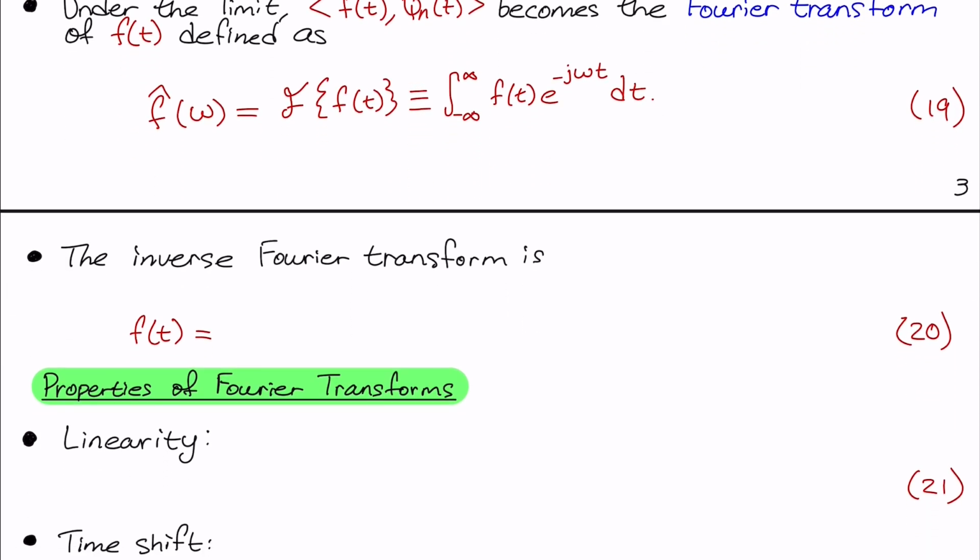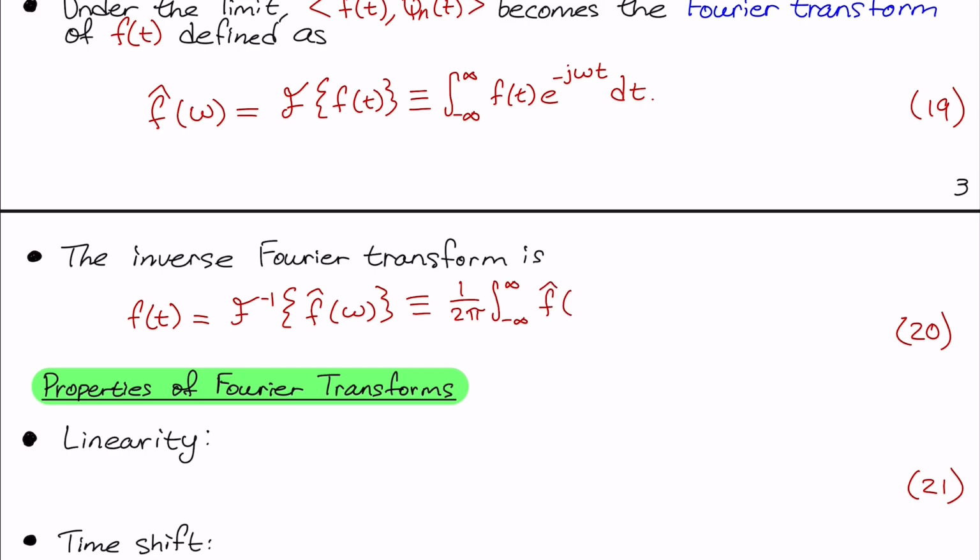And then we can define the inverse Fourier transform to be that script F inverse acting on f hat of omega, in this case defined as 1 over 2 pi times the integral from minus infinity to infinity of f hat of omega times e to the j omega t d omega.